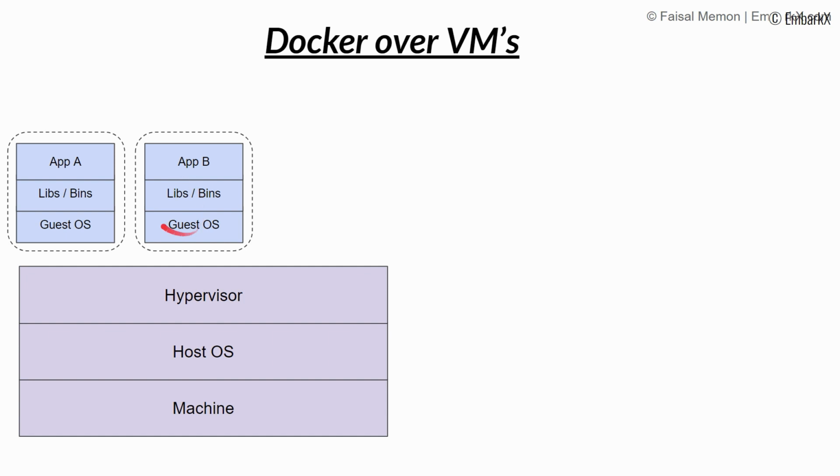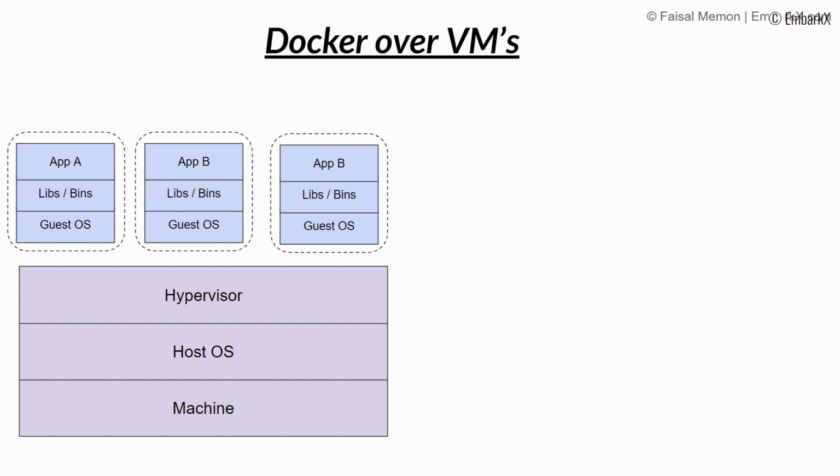You can even run the same app again as a separate instance, so here you have a separate instance of the same app B, with libs and bins installed on any OS of your choice.